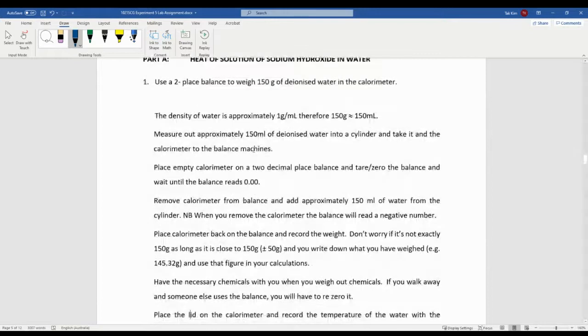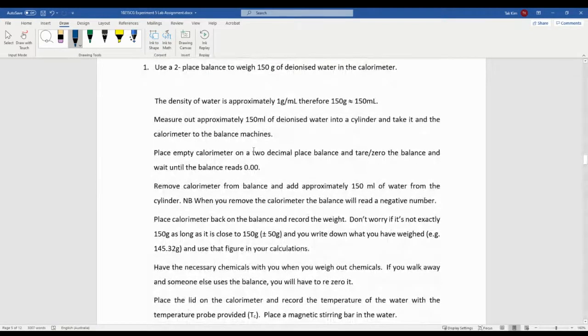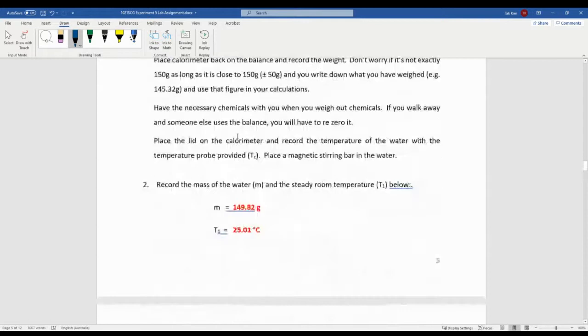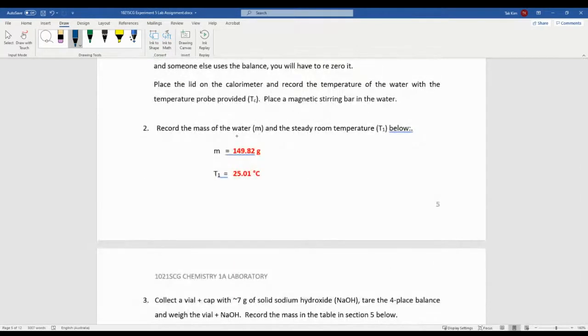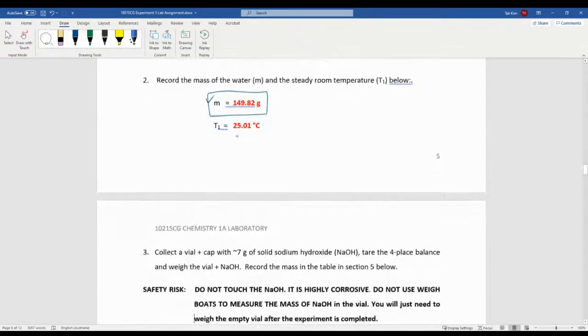We are measuring the changes in temperature to calculate the heat from the reaction. That is what you need to do, and the numbers you need are given over here. The mass over here is the mass of your water, and your initial temperature is also given as well.